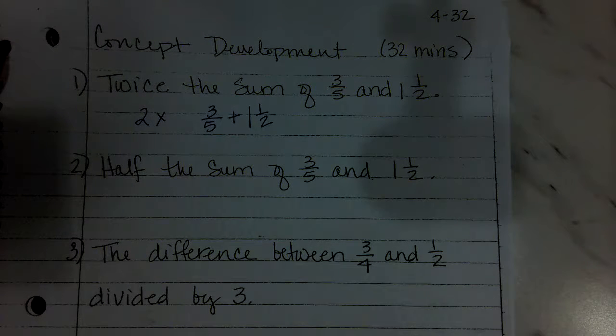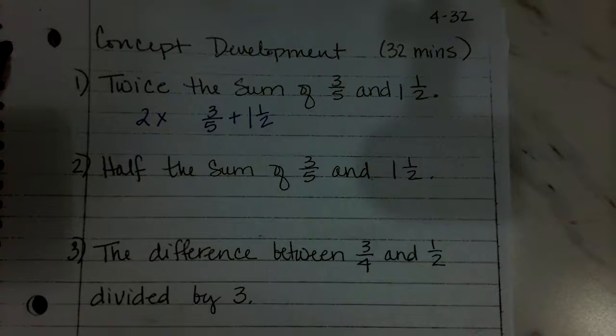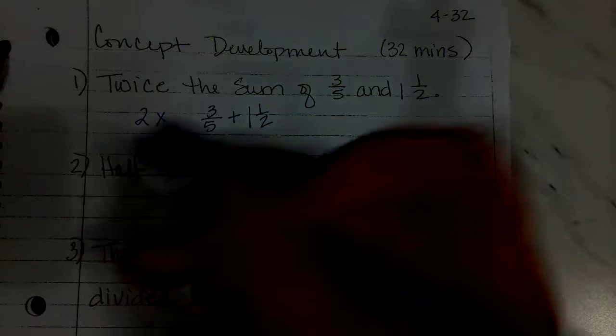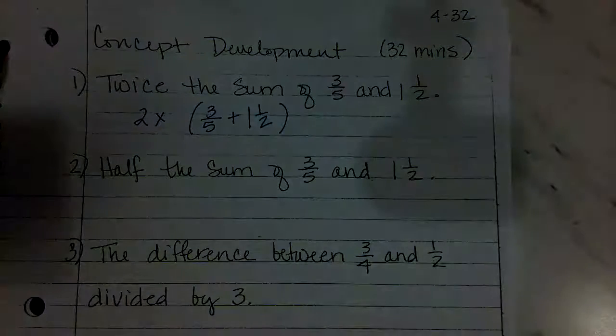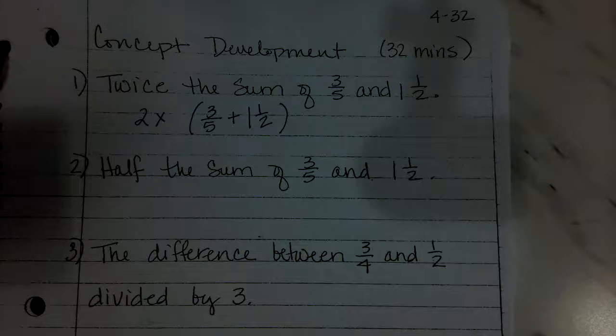Okay, is there anything else we need? What did we discuss earlier? Yeah, you need parentheses. Why do you need parentheses? Well, you have to have parentheses around the addition expression. This is so that the addition is done before the multiplication.